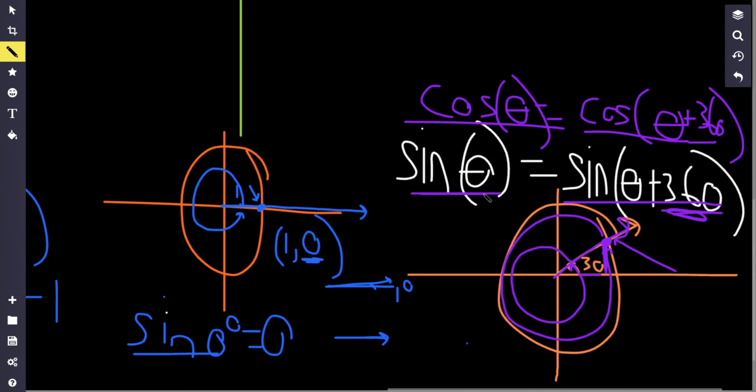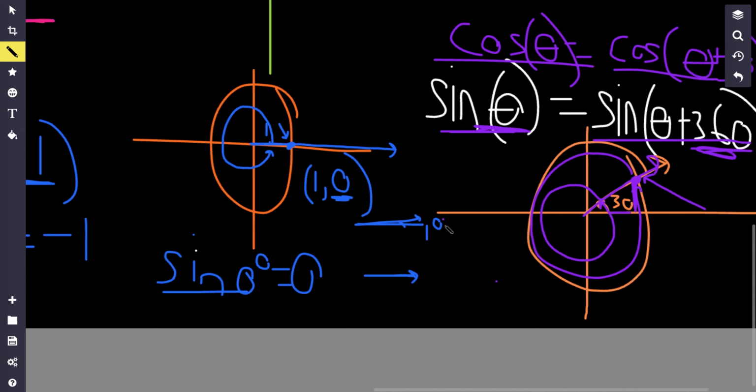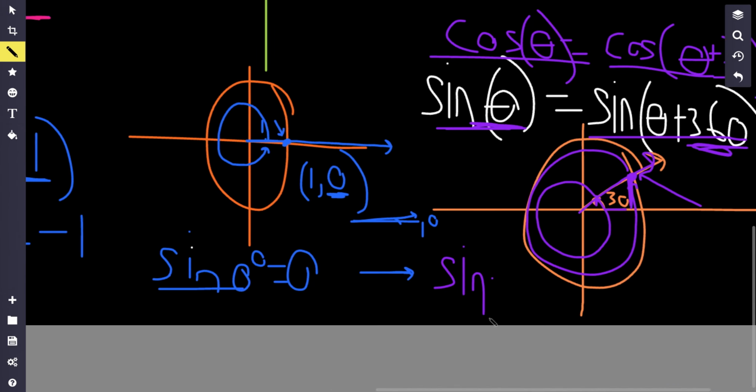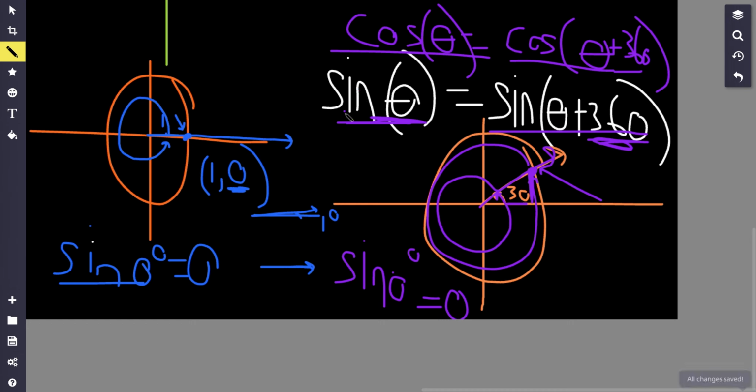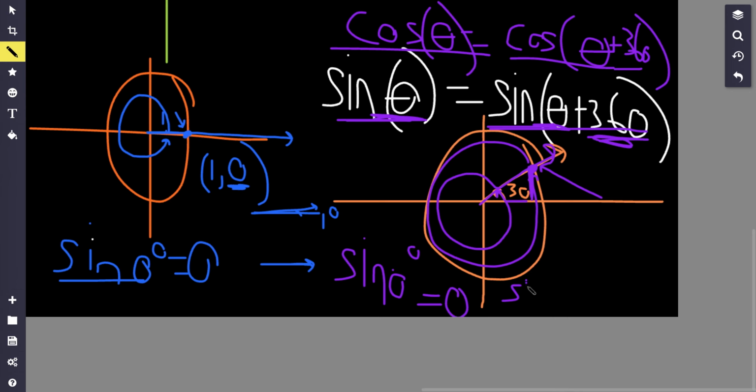So knowing this, we know that sine of 0 degrees is equal to 0. And we said sine of an angle is equal to sine of that angle plus 360 degrees, which means sine of 0, our original angle, and sine of 0 plus 360 degrees have to be equal to each other.